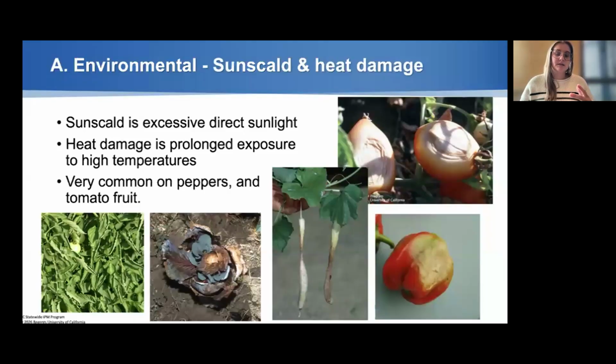So the image in the center there with squash, those are heat damage from prolonged temperature exposure, and not direct sunlight. The fruit shriveled and aborted itself as opposed to being able to complete its fruit production cycle. This is very common on peppers and tomato fruit.